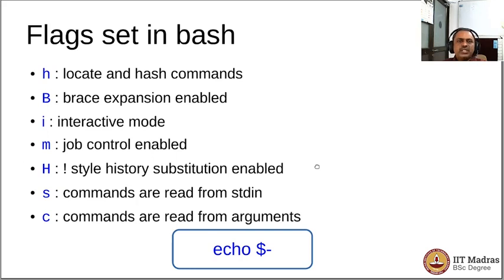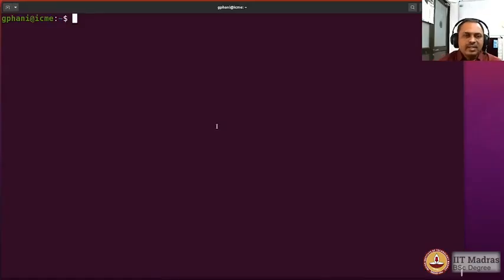The option small c is used when the commands to be executed are to be read from the argument passed on to the bash beyond what is given as options. We will use these options to understand the output of the $- special shell variable. Let us get started with the shell variables.